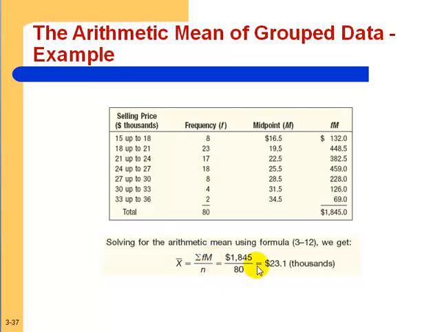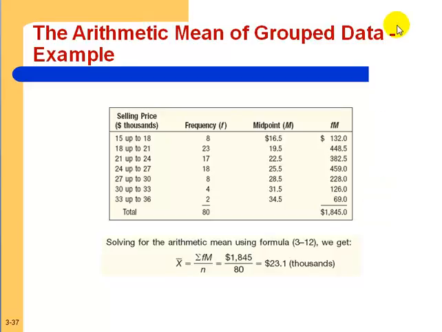So here is 1845 divided by 80. There are 80 observations in that group of data. Please pay attention to how we calculate this mean of the grouped data, because there is one similar question in your homework.